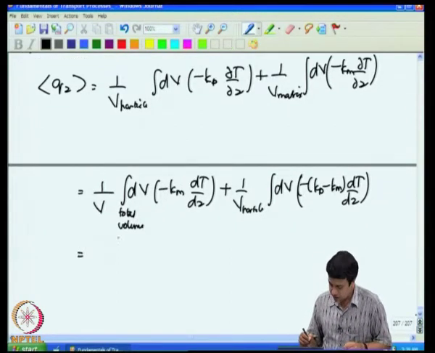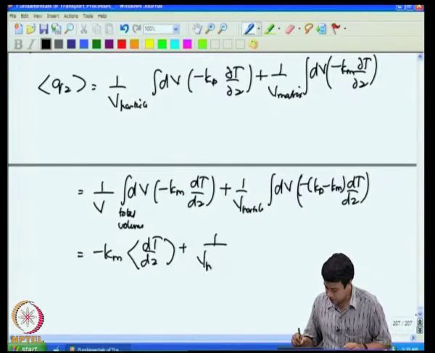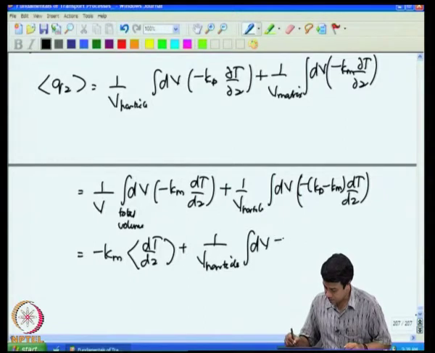So, I can write this integral over the entire volume as equal to minus Km into the average of dT by dz, plus 1 over V integral over the particles dV of minus of Kp minus Km dT by dz.